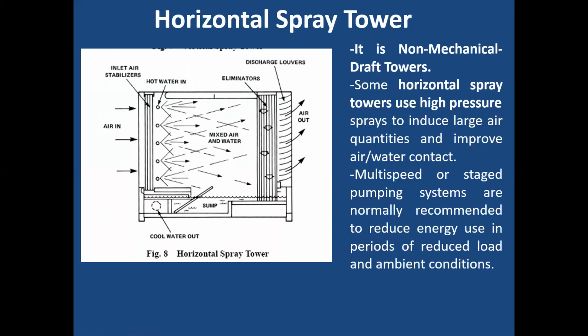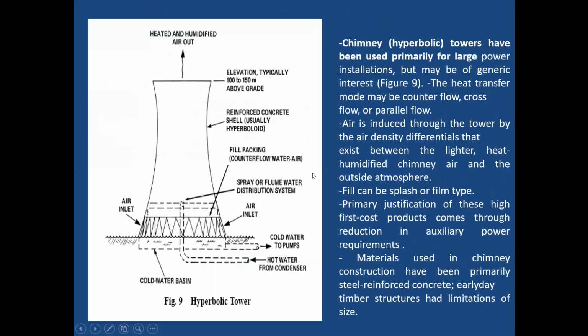Multi-speed or stage pumping systems are normally recommended to reduce energy use in periods of reduced load and ambient conditions. This is the inlet air stabilizer. The cold water is sprinkled and collected in the sump, then sent again to the condenser. So this is a horizontal spray tower. Only the orientation is horizontal in this case.